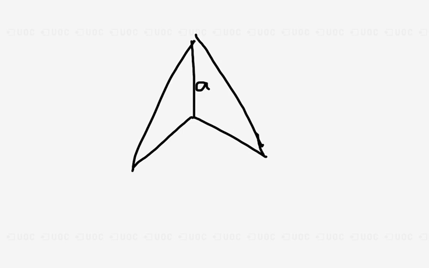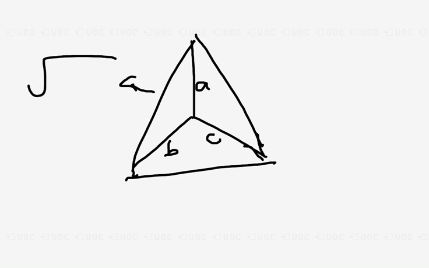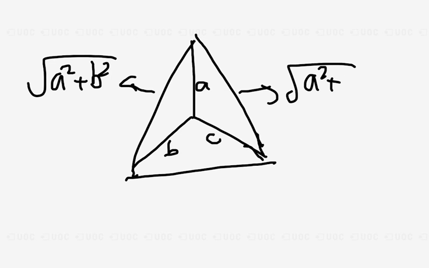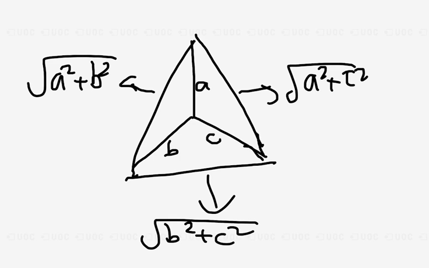A, B, C, and the three sides of this slopey face are, using the Pythagorean theorem, square root of A squared plus B squared, square root of A squared plus C squared, and root B squared plus C squared. So these are the sides, and we are going to use the cosine rule to help us find the area of this face.